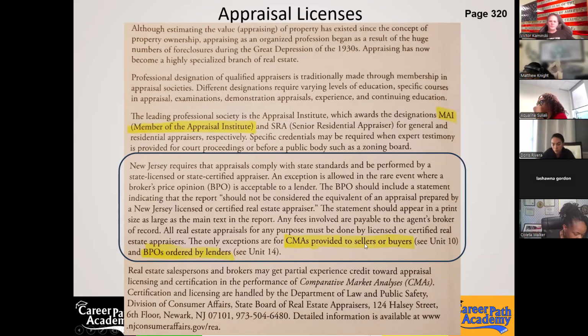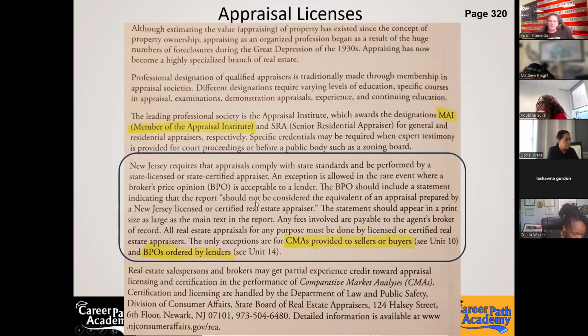So CMAs are provided to sellers or buyers, and BPOs are ordered by lenders. Now, New Jersey requires appraisals comply with state standards and be performed by state licensed or certified appraisers. An exemption is allowed in the rare event where a broker's price opinion, a BPO, is acceptable to a lender. They may order a BPO from us.